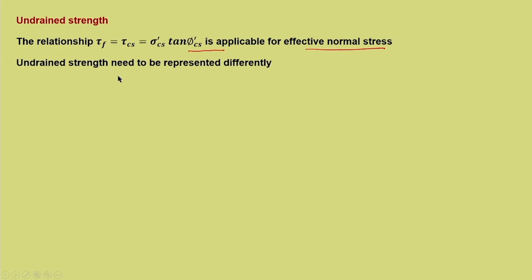Now undrained strength, we need to represent differently, which is not similar to this particular relationship. This relationship we know is more like a Mohr Coulomb failure envelope with inclination of phi dash_cs. So tau versus e, how does it look like? So this is shear stress versus void ratio, and this is the critical state line.